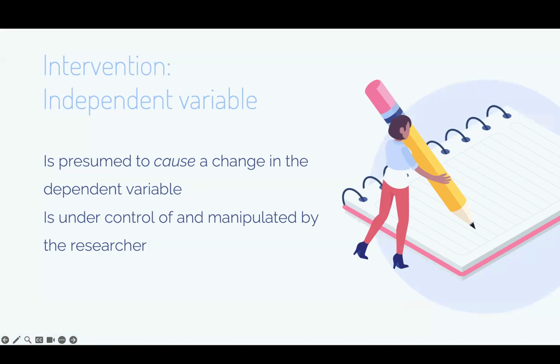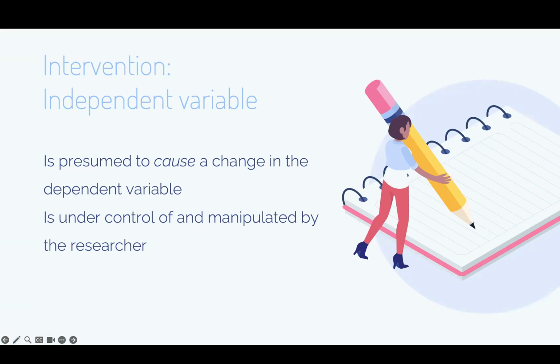So for example, in a study designed to measure the effectiveness of a new counseling approach for reducing anxiety, the counseling method would be our independent variable. The change we are looking to measure, the reduction in anxiety levels, is the dependent variable.